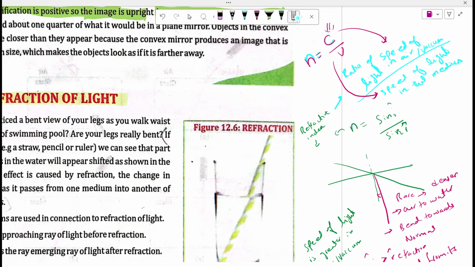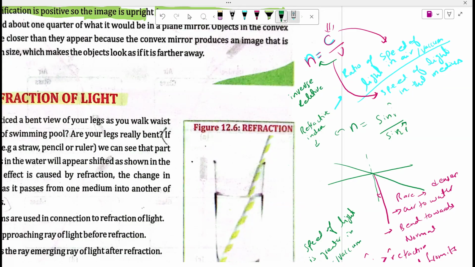So the ratio we could see here has an inverse relationship. It's very clear that speed and refractive index have an inverse relationship, which means if refractive index is bigger, speed of light would be smaller, and the vice versa.